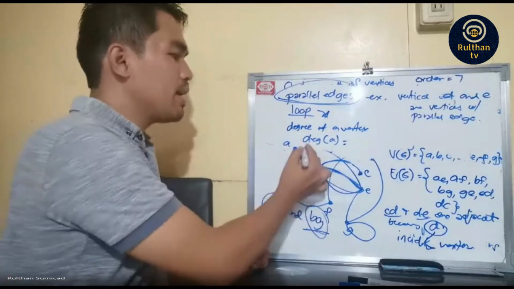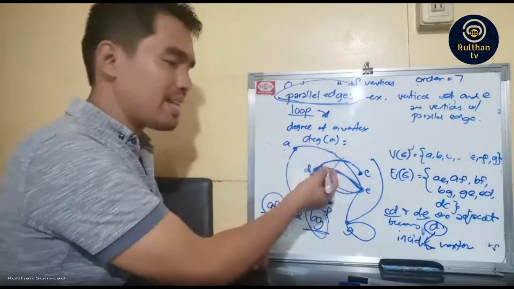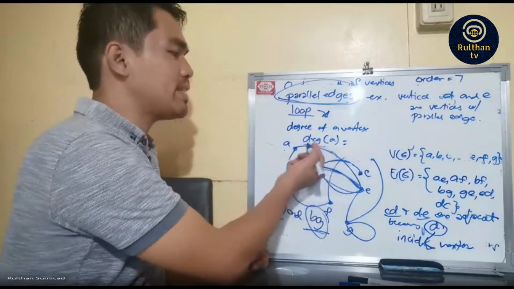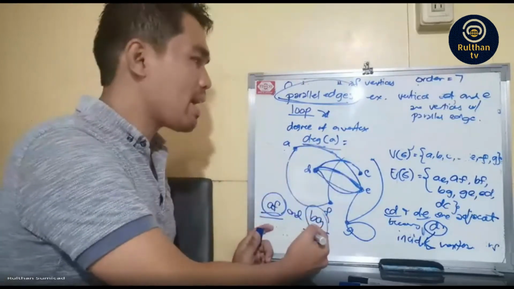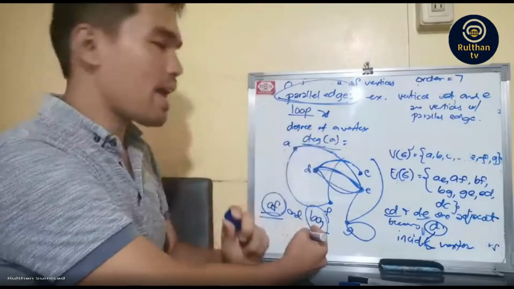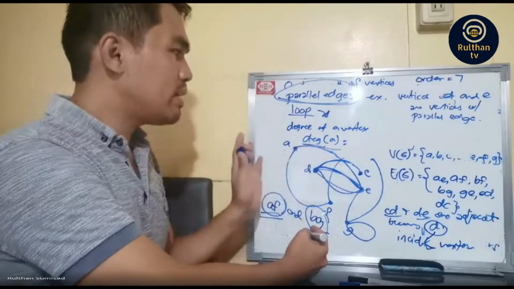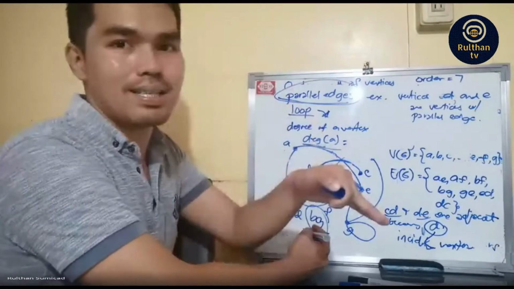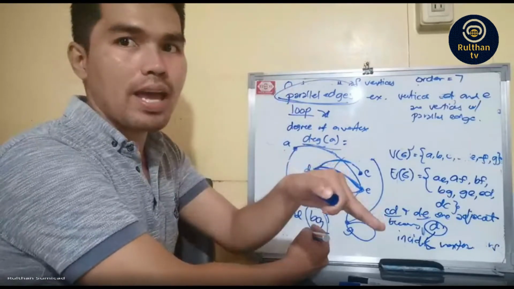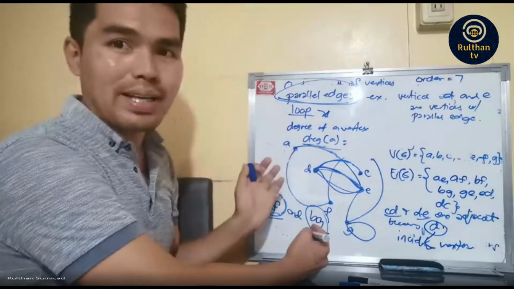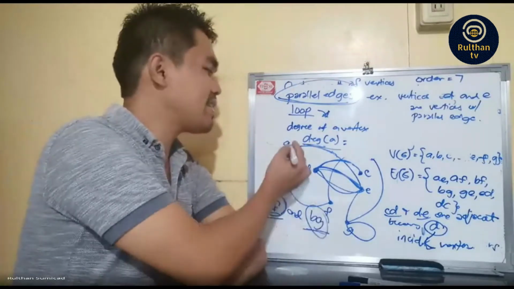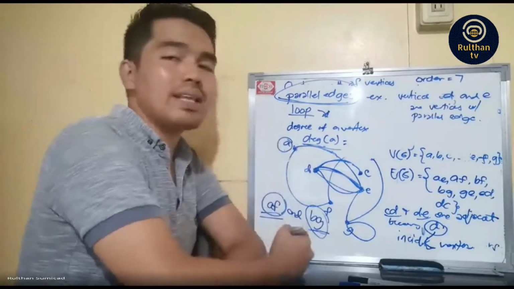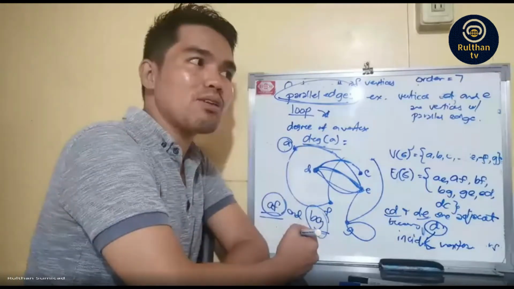A here is the vertex, and then deg here is the notation. Deg A, referring to the degree of vertex A. Deg A, or the degree of a vertex, refers to the number of edges incident to that vertex. So how many edges are incident to A, that's the degree of the vertex.